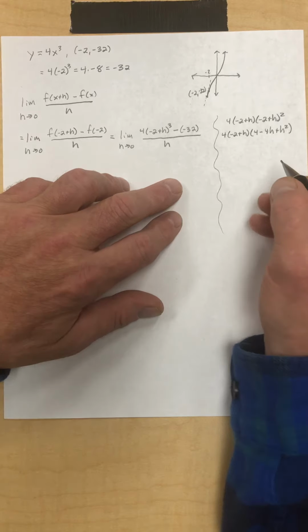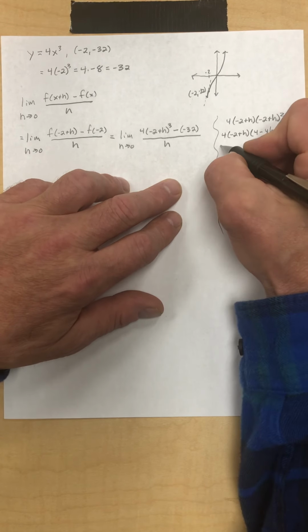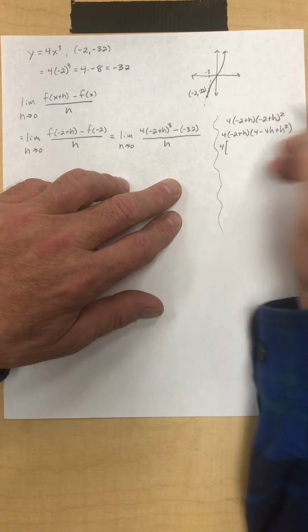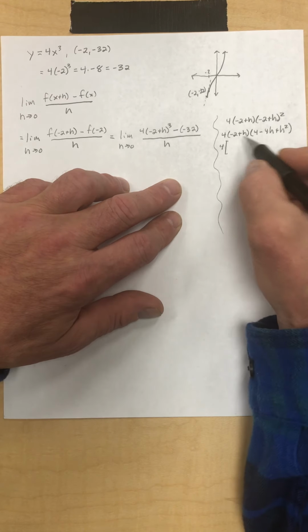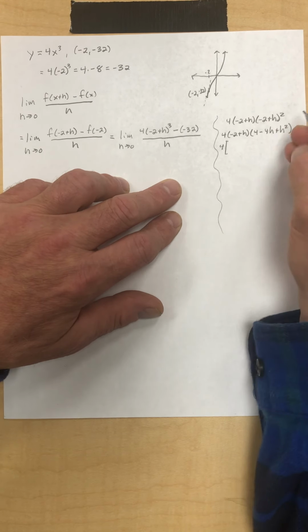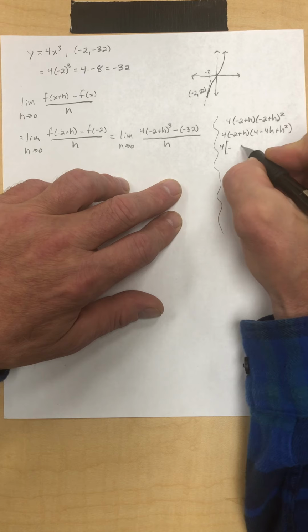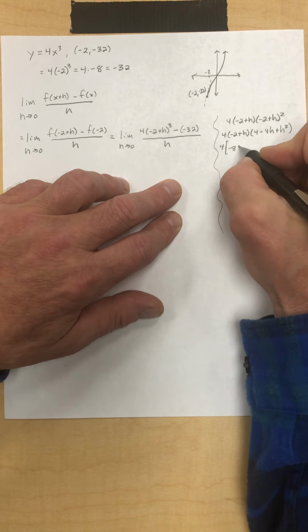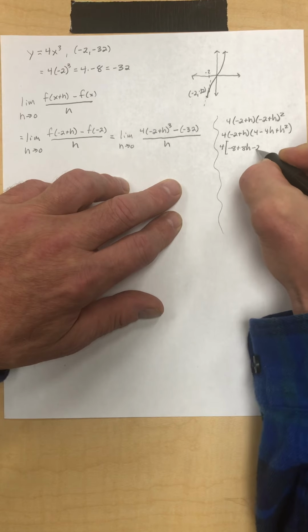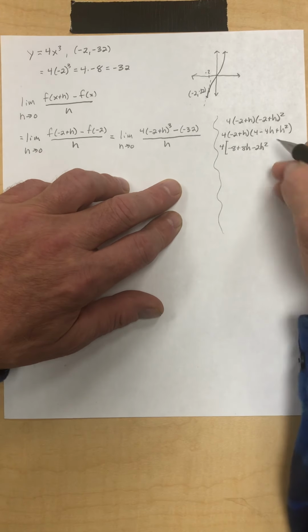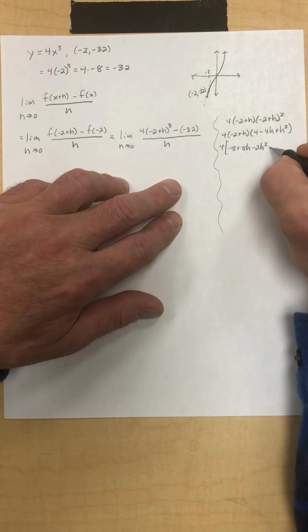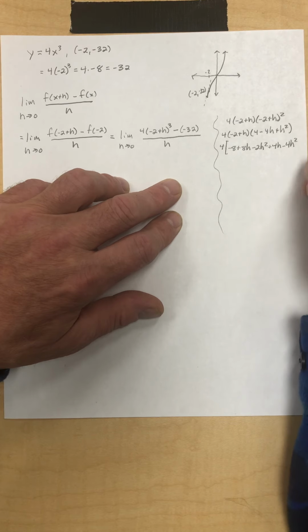I'm going to distribute the 4 last. So let me distribute the -2. I'm going to get -8 plus 8h minus 2h squared, and then distribute the h, so I get 4h minus 4h squared plus h cubed.